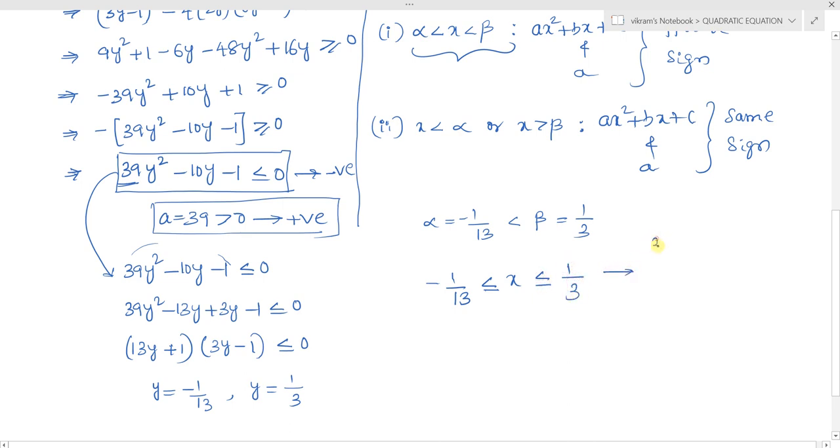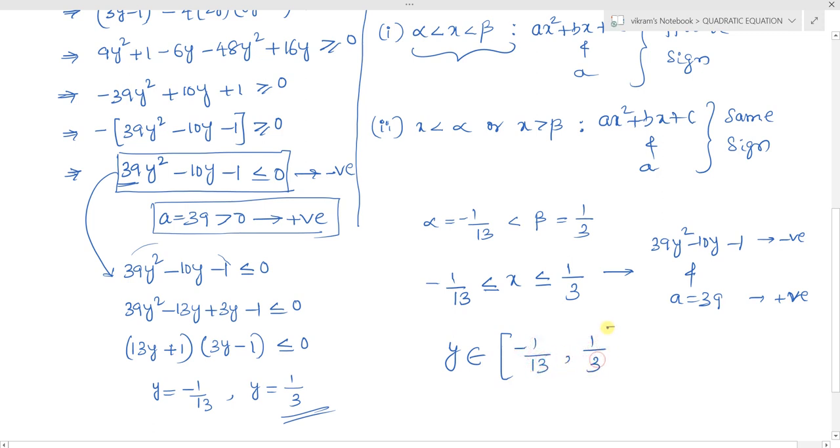For 39y square minus 10y minus 1, a equals 39, which is positive, and in this range they have opposite signs. Now what is the range of the given expression? We can write y belongs to minus 1 by 13 comma 1 by 3. That means the range lies between minus 1 by 13 and 1 by 3.